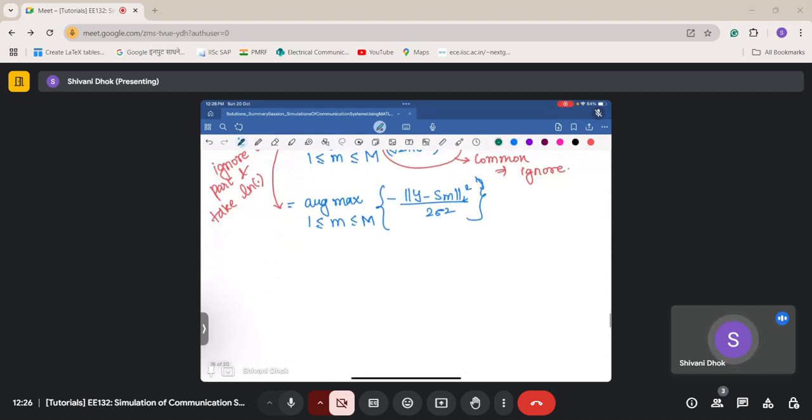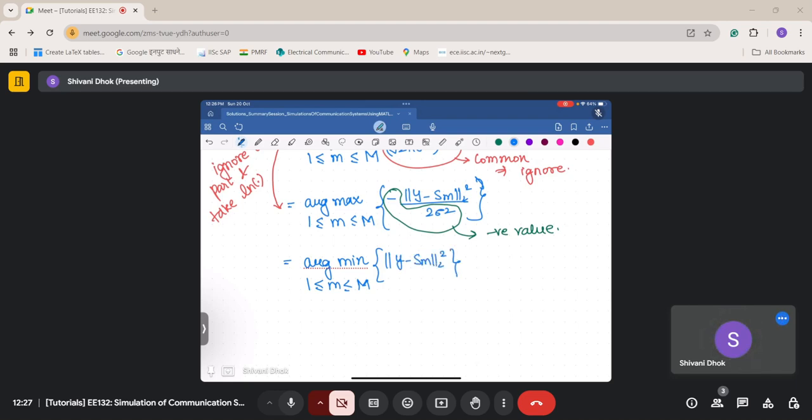Now this thing here is a negative value. So we can just multiply by the inverse of it and change argmax to argmin. So this becomes argmin over 1 less than or equal to m less than or equal to capital M of norm of y minus Sm square.